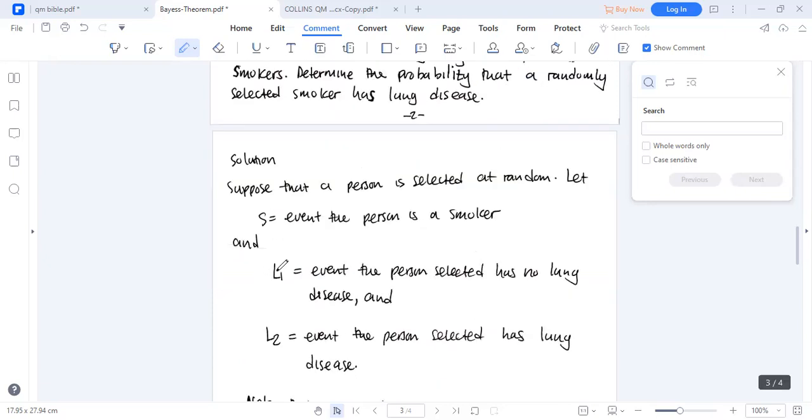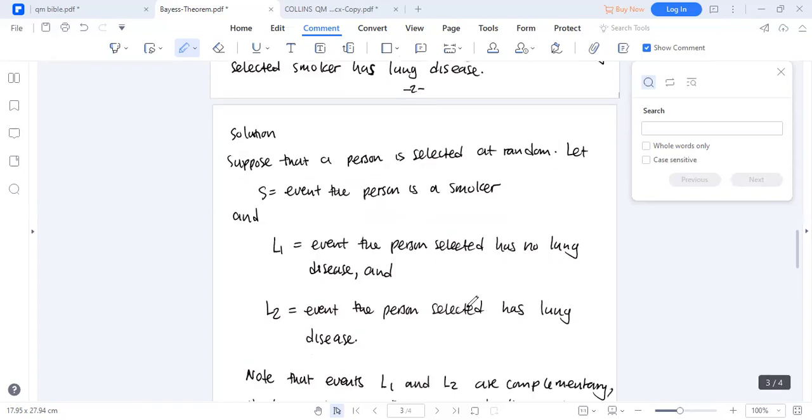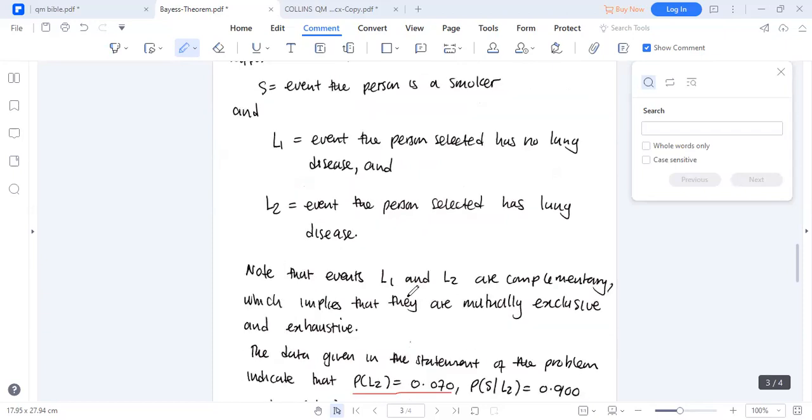So using our selection, suppose the person is selected at random, let the sample space S be a smoker, L1 be the person who has no lung disease, and L2 be the person who has a lung disease. Note that L1 and L2 are complementary, which means they should add up to one.